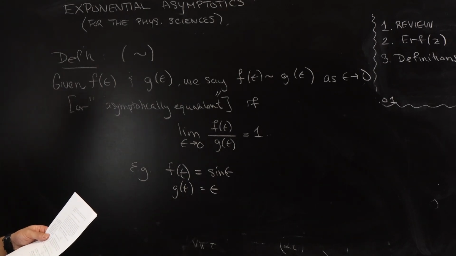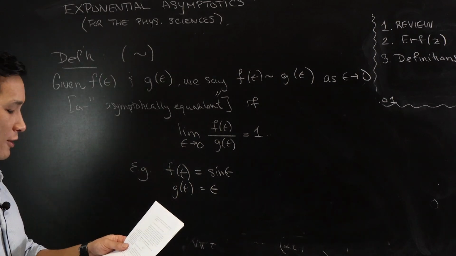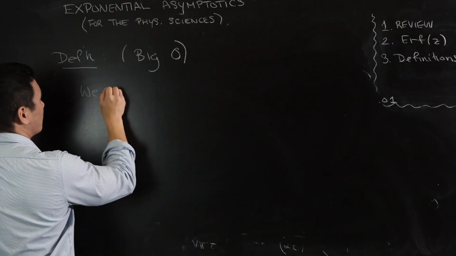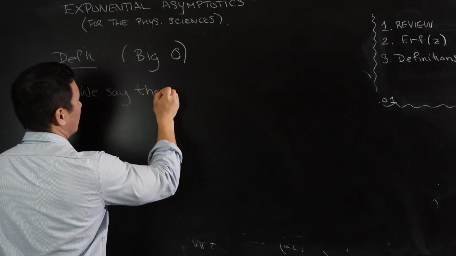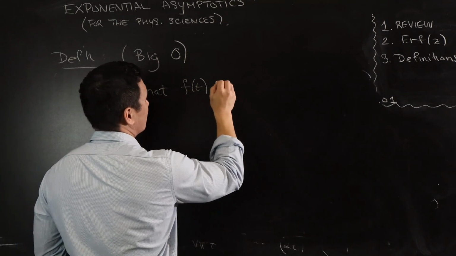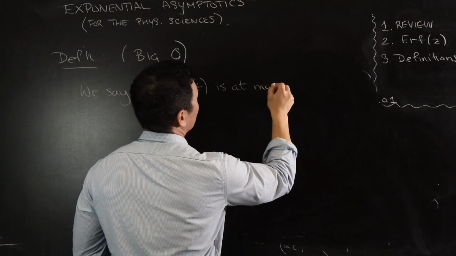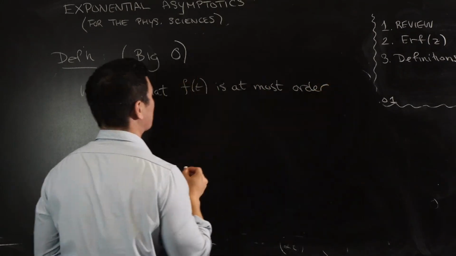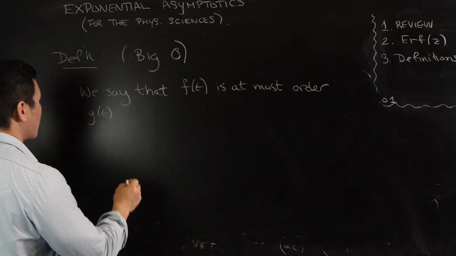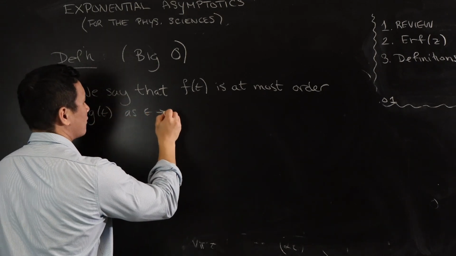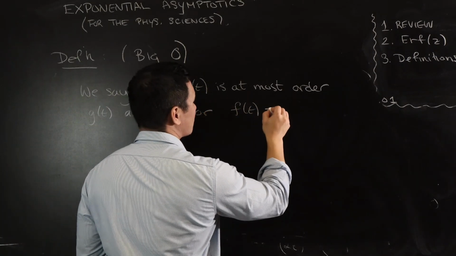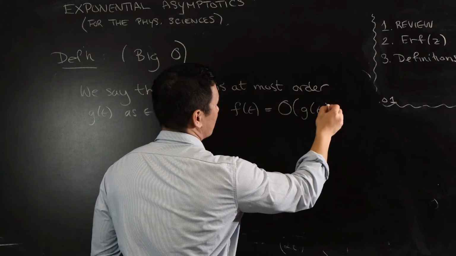The next thing I want to introduce you to is big O notation. We say that f of epsilon is at most order g of epsilon as epsilon tends to 0, or you would write that as f of epsilon is equal to big O of g of epsilon.